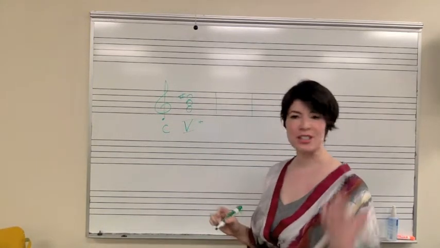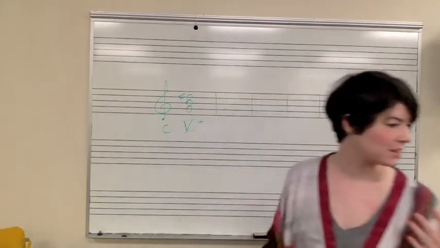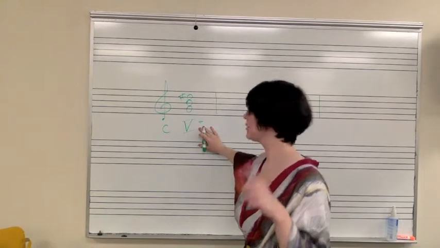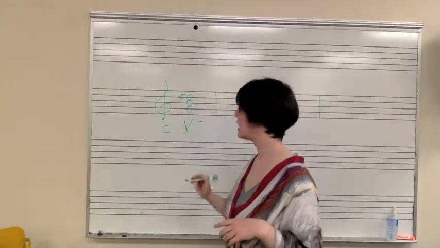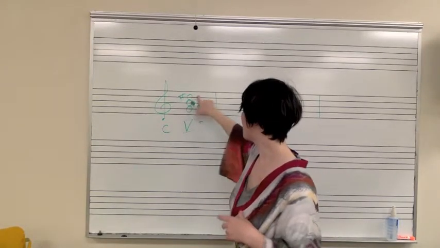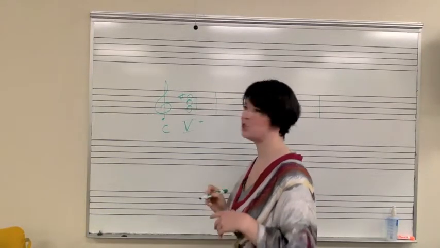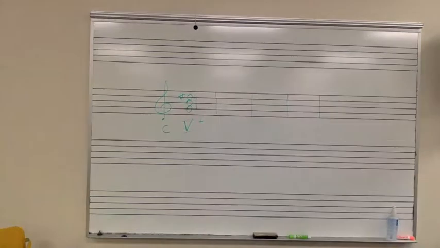If you see just the augmented symbol with nothing else next to it, just a plus sign, that's indicating to raise the 5th and make this chord augmented. So now you can see we've got an augmented 5th right here between the G and the G sharp. And if I play it for you, it's going to sound like this.